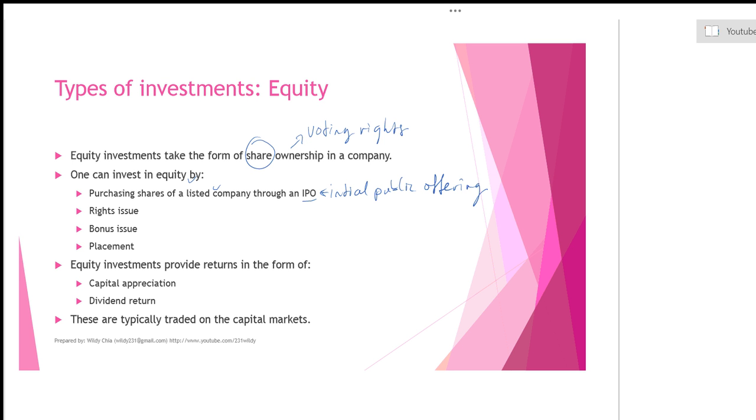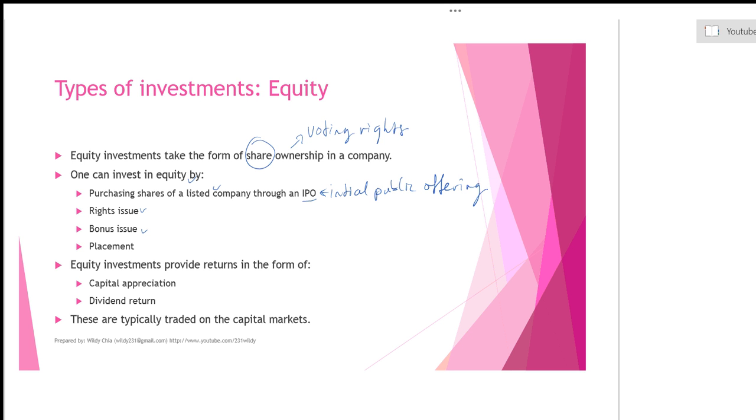Other ways that one can invest in equity is rights issue. Now, rights issue is where the company issues additional shares to existing shareholders, right? Now, this can happen to any company. So if a company requires more funding from shareholders, they may have a rights issue, right? Bonus issue.